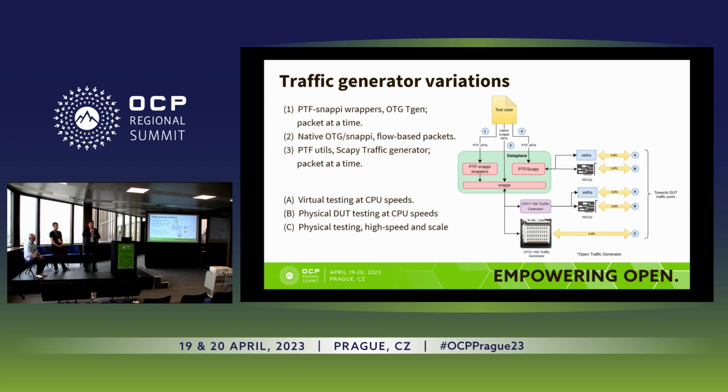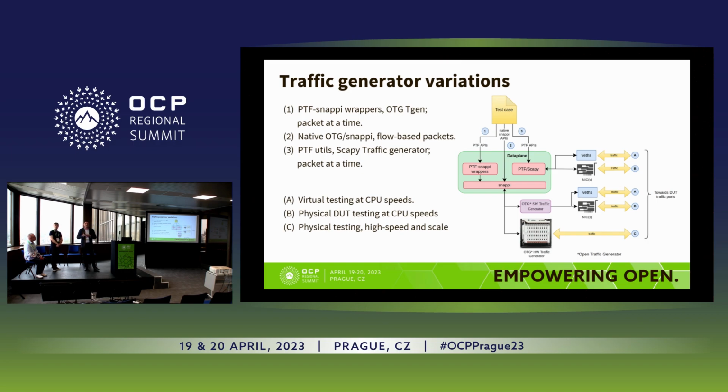It's a Python implementation for Open Traffic Generator. It basically means that you will use the same approach as you used before, but you will be able to send packets at line rate through the hardware traffic generator. Or you can use the Open Traffic Generator API directly for flow-based line rate traffic. Now, from an interfaces perspective, it can be virtual testing at CPU speed.